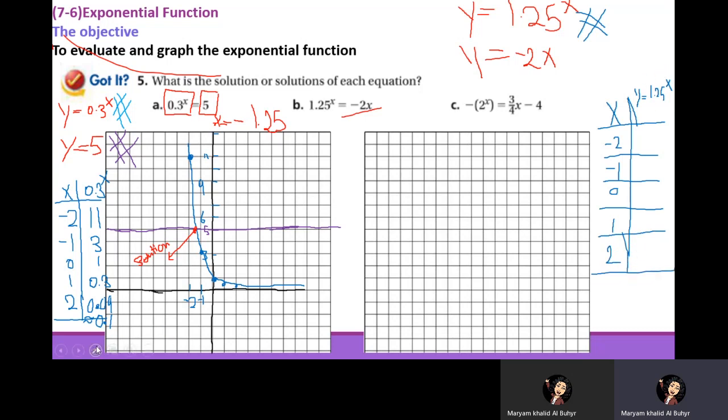So 1.25 to the power -2 will give you 0.64, but just take 0.6, easier. Once you have -1, it will be 0.8.